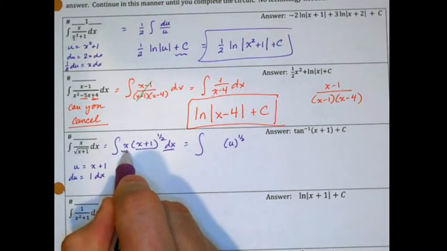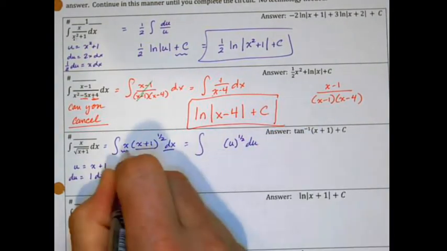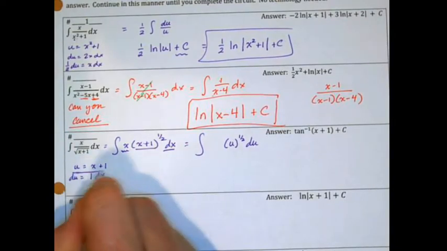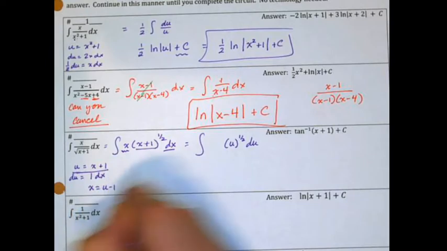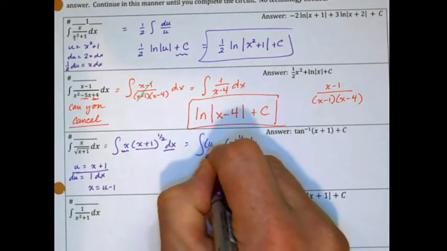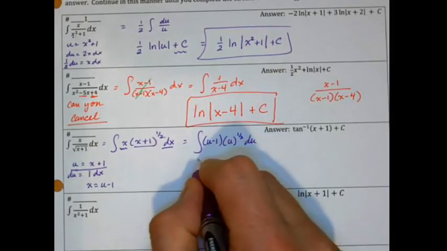Now we have this in there, so this will be du. And we need x, so I need to go back to this equation and go x is equal to u minus 1. I left a space because I knew what I was going to do. Now I can distribute the u to the 1/2.